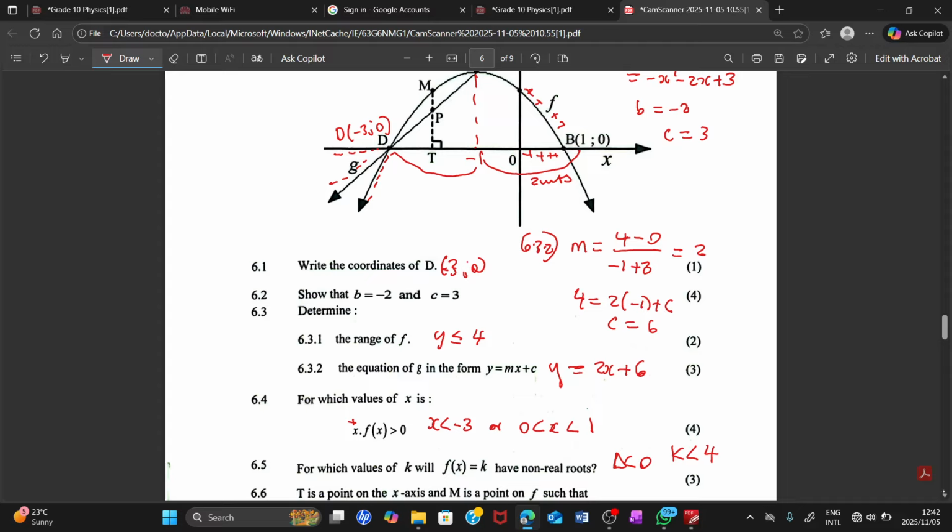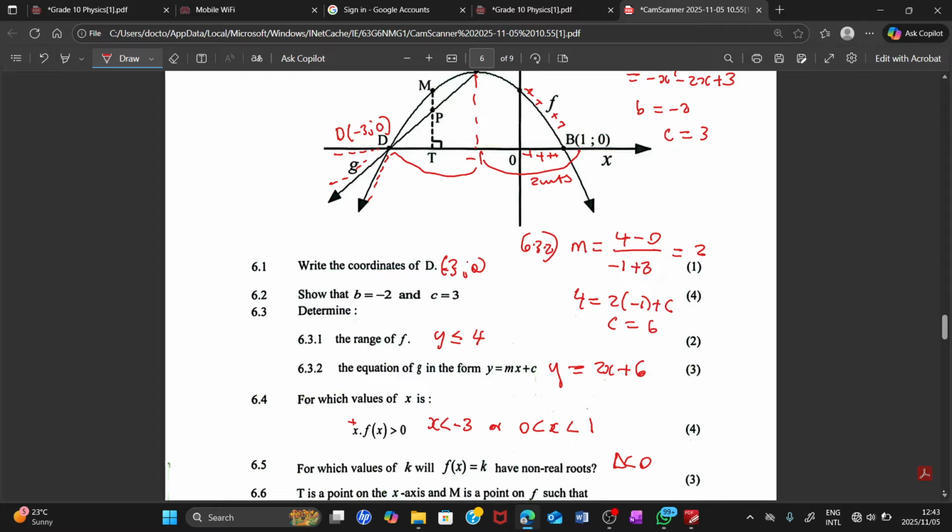No, I think I made a mistake. Wait, I made a mistake. Discriminant is less than 0, right? But in this case, you're going to start by saying away from the graph. This one will be away from the graph.